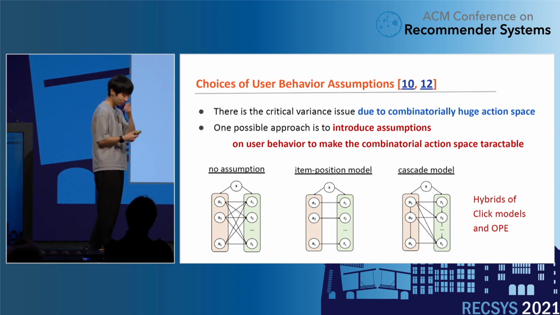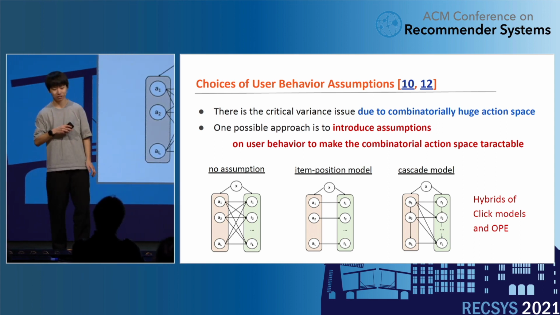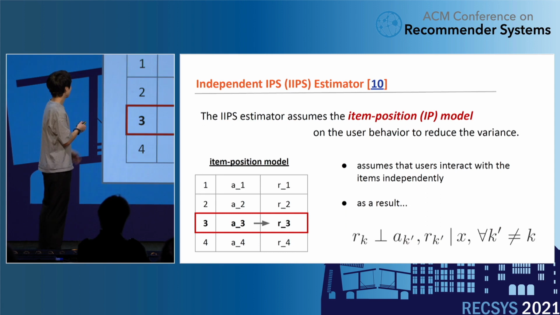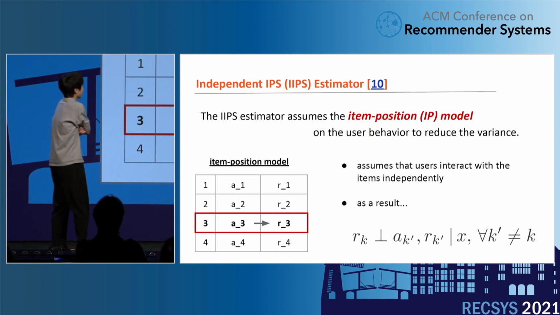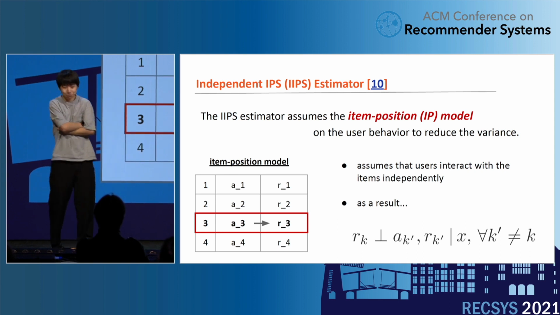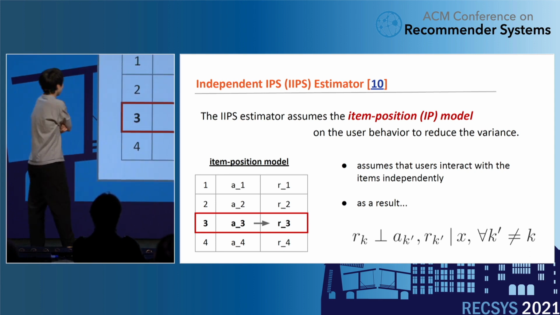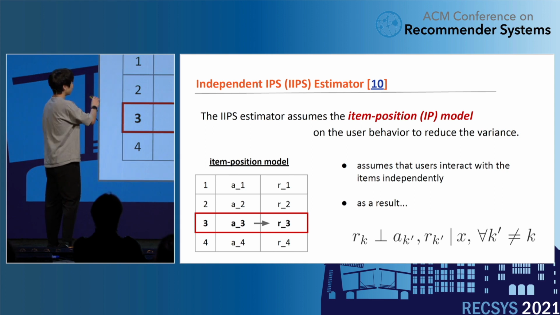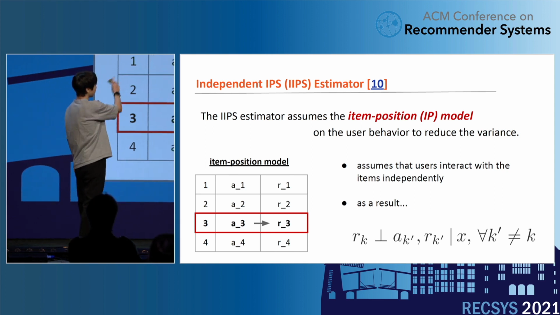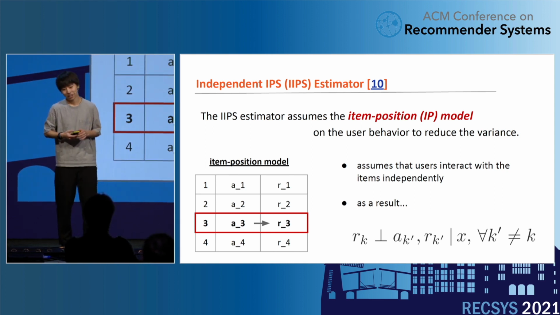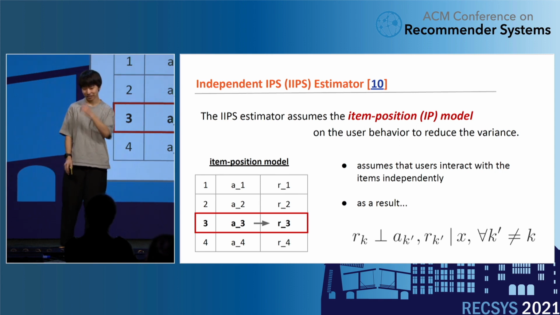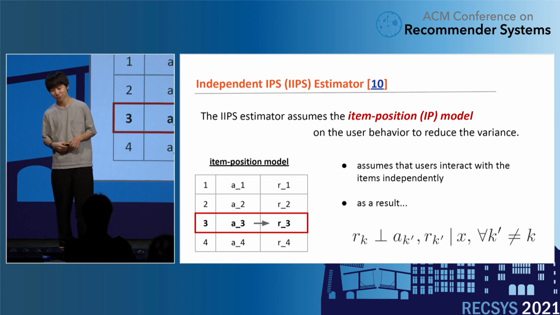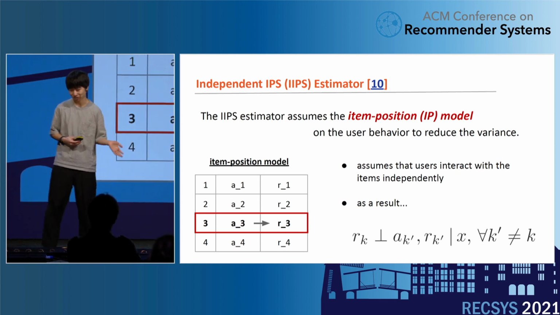So let me introduce just the 2 estimators in this direction. And the first estimator in the direction is independent IPS, or just IIPS in short. So this estimator is based on one of the user behavior models named the item position model, or just an independence model. I think this is a very strong assumption, but it is very useful in reducing the variance of the IPS estimator in the combinatorial action setting.